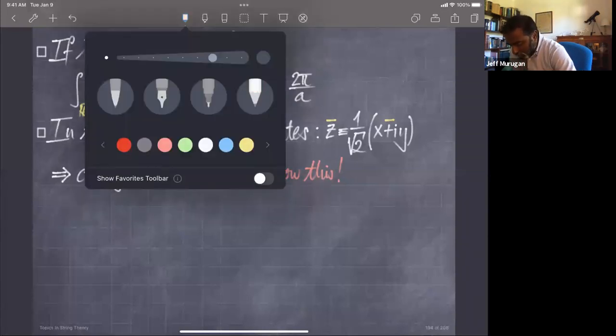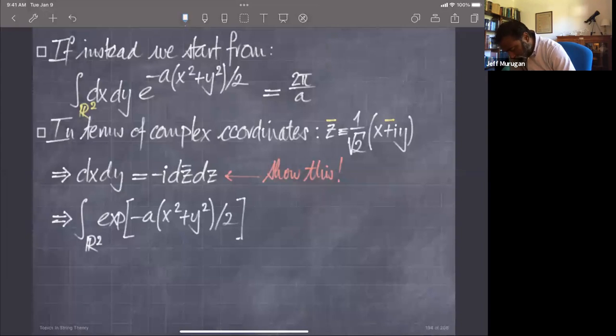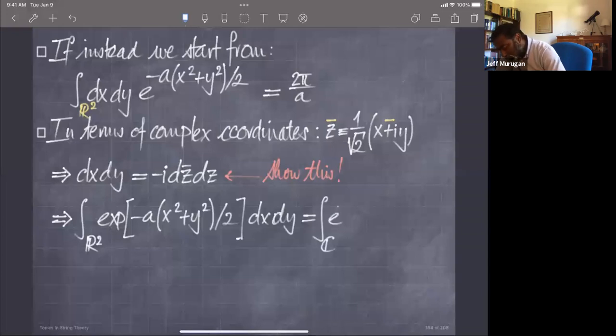What this means in terms of my Gaussian integral is that the integral over R2 of e to the minus a (x squared plus y squared) over 2 dx dy can be written simply as the integral over the complex plane of e to the minus a z z bar, dz dz bar over i, and this is just 2 pi over a.